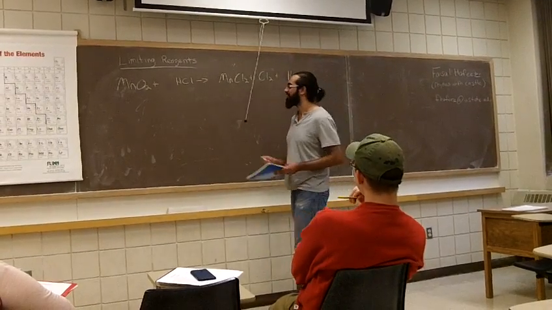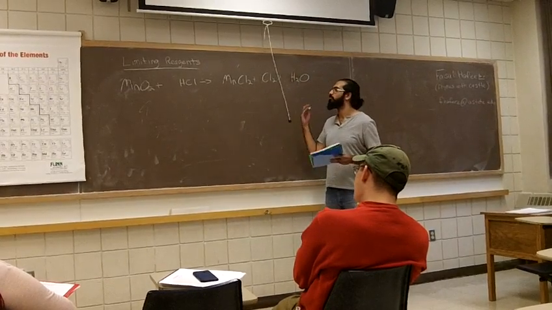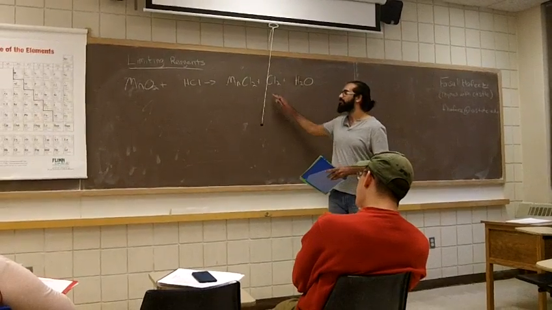Magnesium oxide, exactly, and hydrochloric acid on the left side of the equation. So the first thing you want to do to see what's the limiting reagent is balance the equation. That tells you how much of what is being used up. So is this balanced?